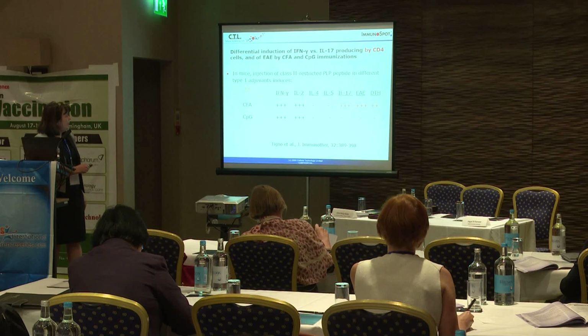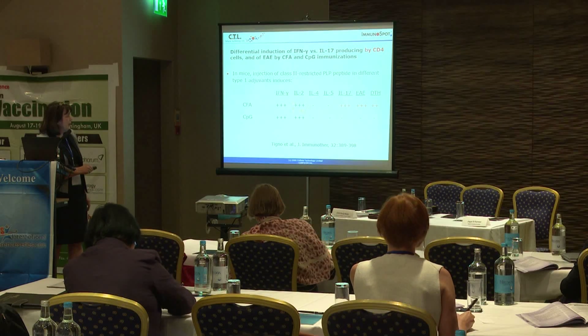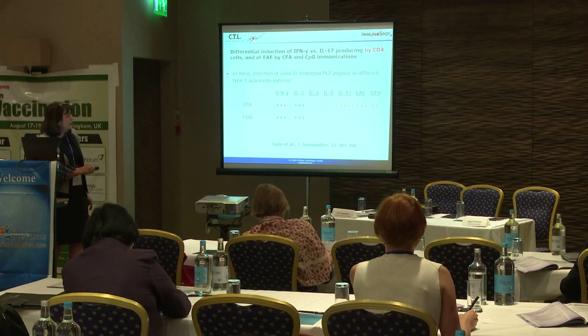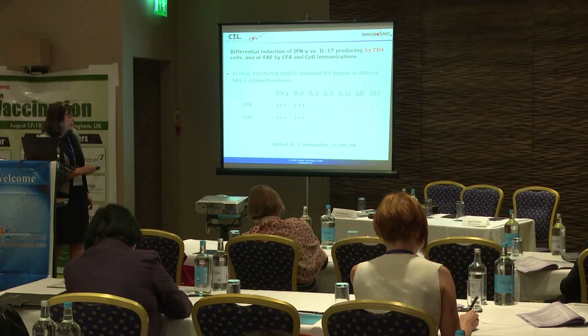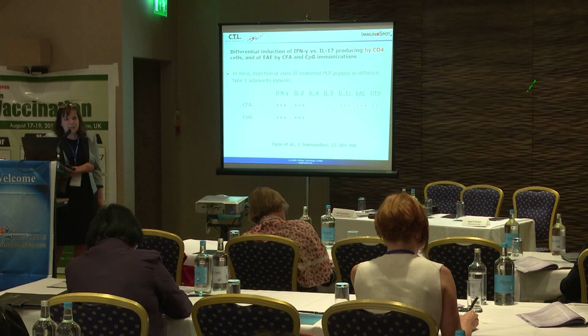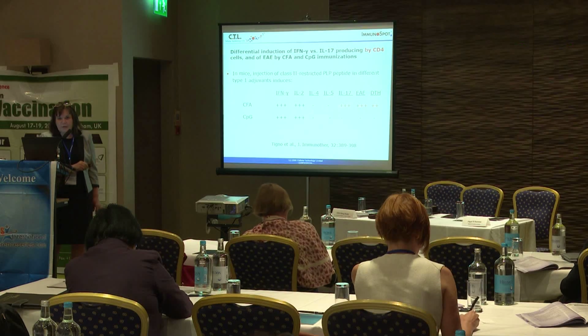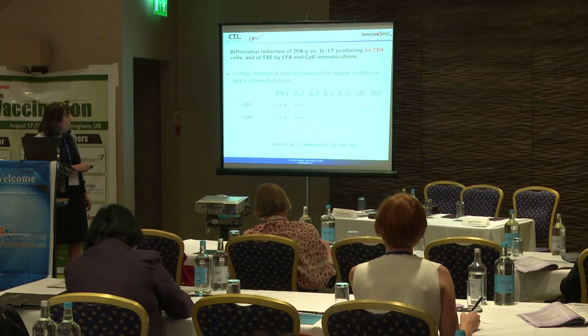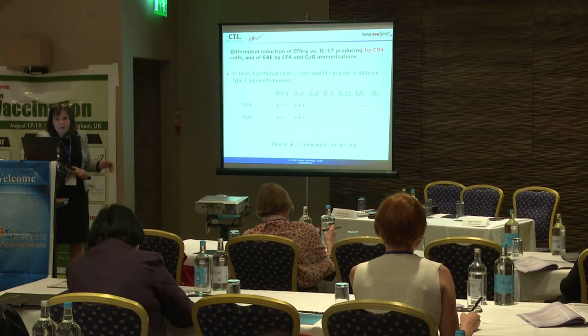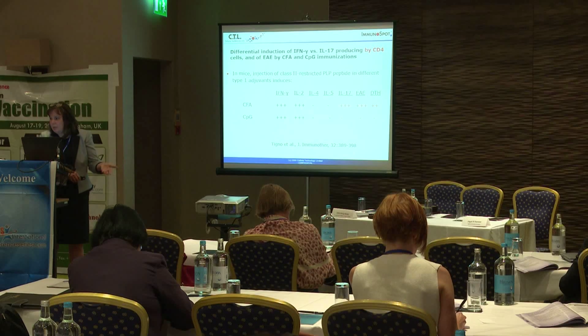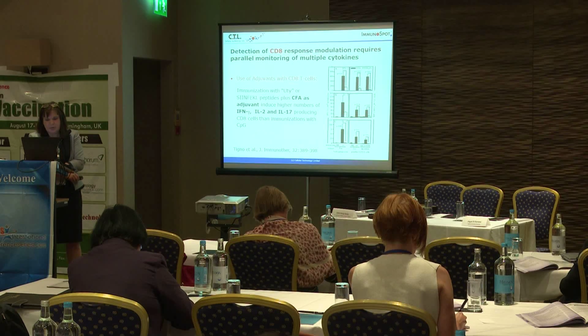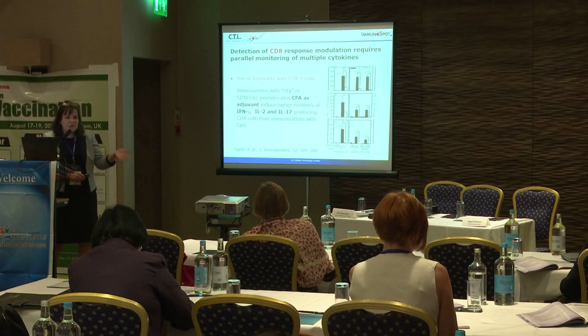However, if we look at other cytokines, suddenly we see that CFA induces IL-17, EAE, and DTH, which is not a good idea for protection of the animals. So it was very important to look at other products besides interferon gamma to see what implication it has in the disease process. This was true for CD4 cells.